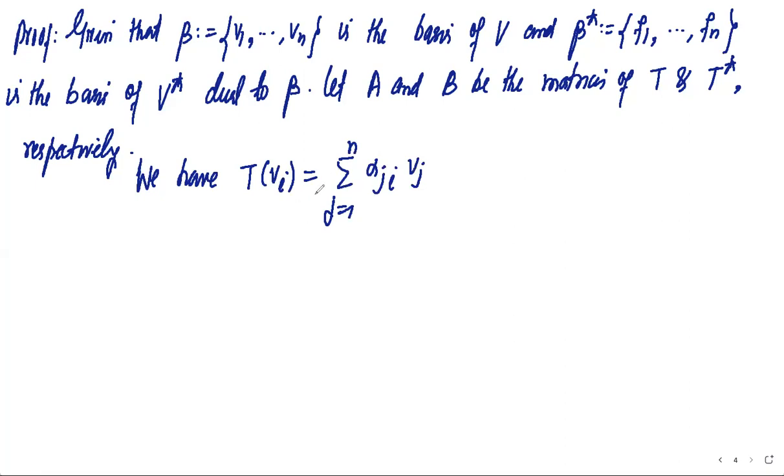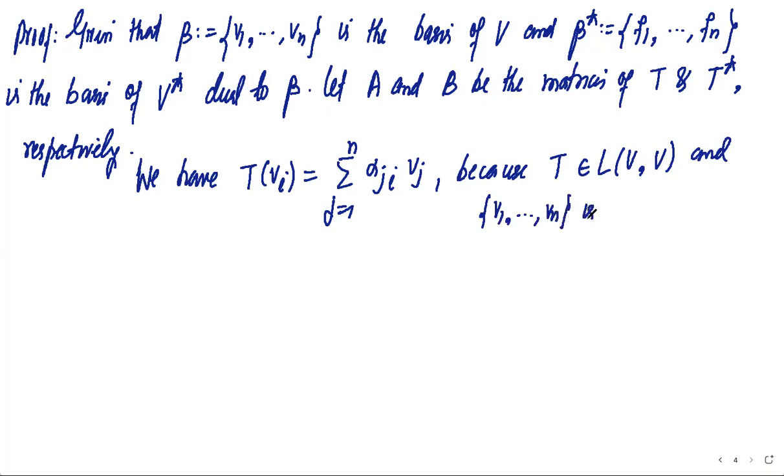So this equation we are able to write because we know that T is a linear operator from V into V, and this V1, V2, Vn is a basis of V. So therefore, every T of Vi can be expressed as a linear combination of the vectors Vj from the basis beta.